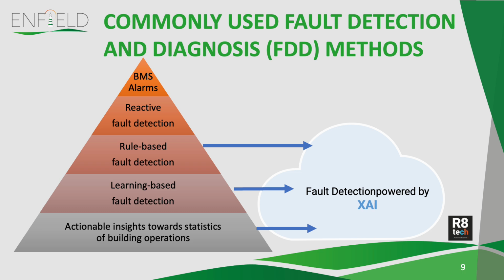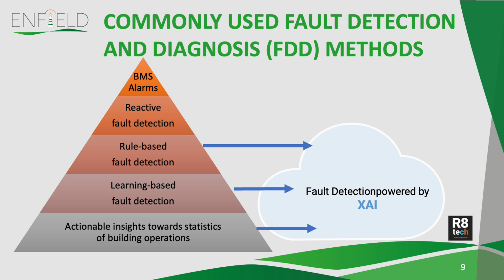We have to react proactively. Reactive fault detection is also not about artificial intelligence. We react when we see that something doesn't work. For example, temperature is not rising, it's cold in the room, so the heating system doesn't work. So we can see it, we can feel it.